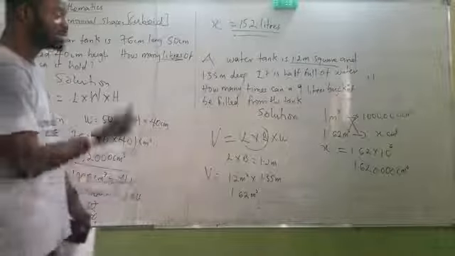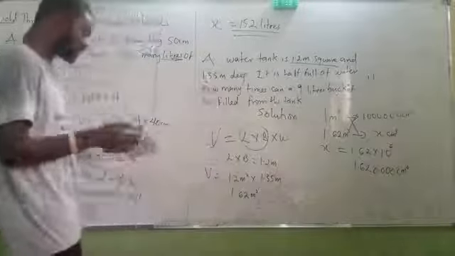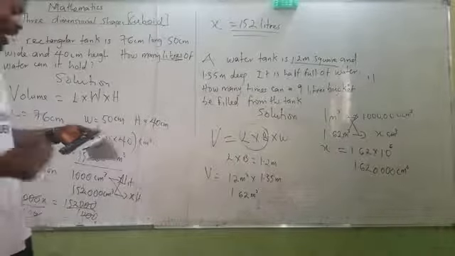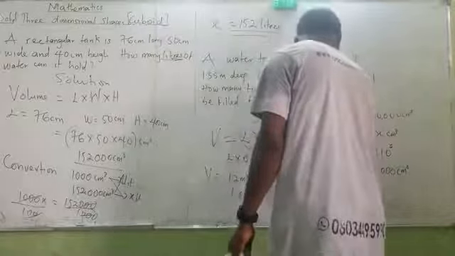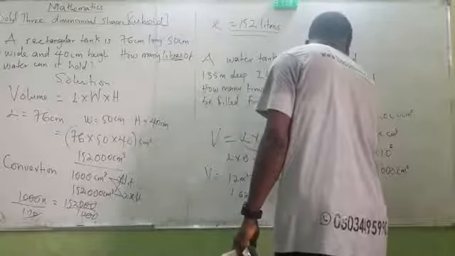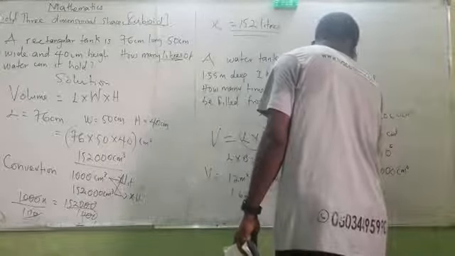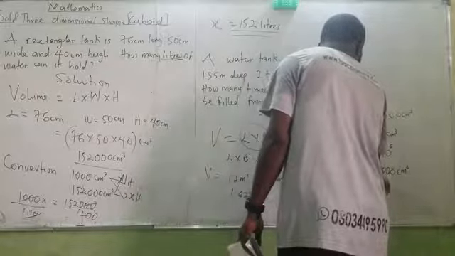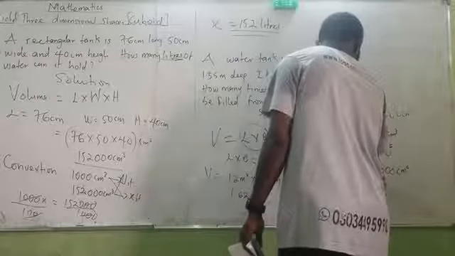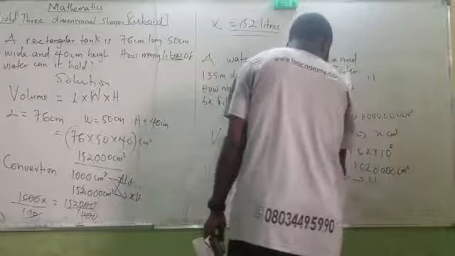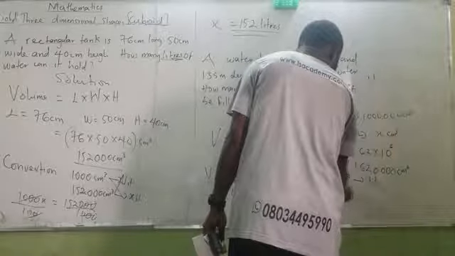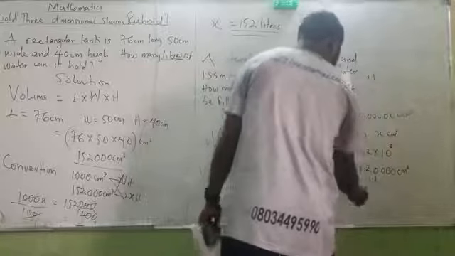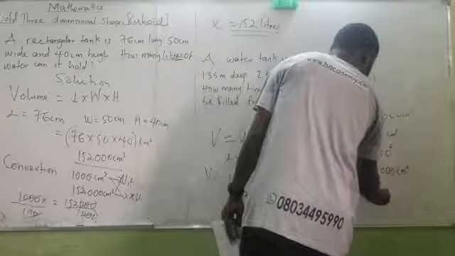Now, from my centimeter cube, I can now run to liter. I know that 1,000 centimeter cube is equals to 1 liter. And I will now move on to having 1,620,000 to X liter.